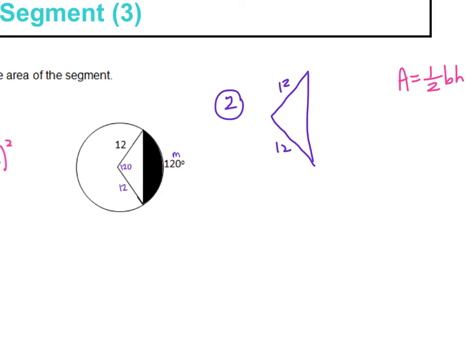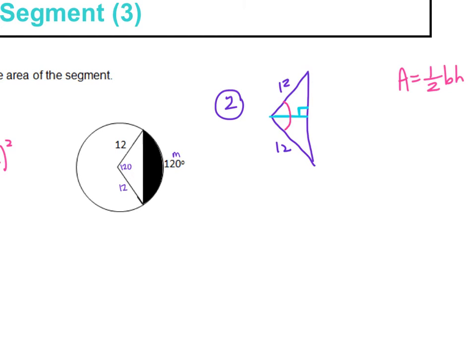All right. So what we're going to be able to do here is draw in the height. That is giving you a 90-degree angle. And it's also cutting our big triangle into 2 small triangles. So if you remember, this is 120 degrees.